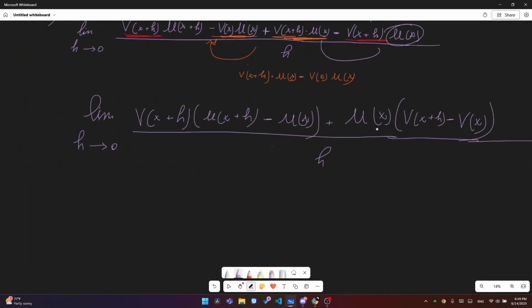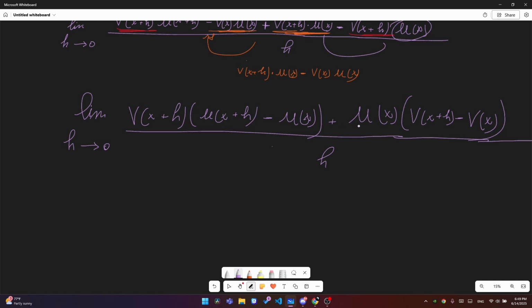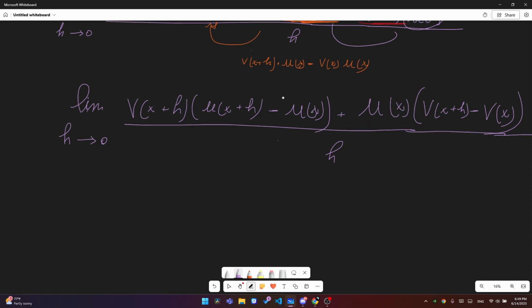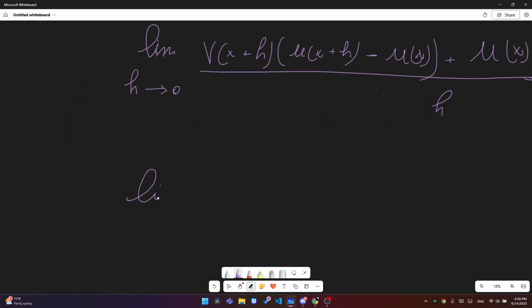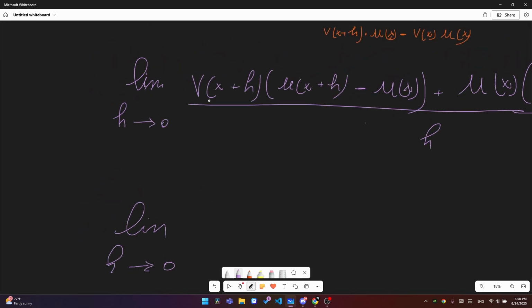Now I can just break this expression into two, so we get the limit as h goes to 0 of v of x.